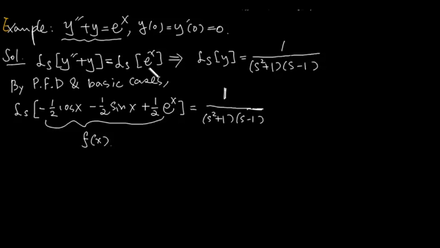And this is one of the basic table entries. And we isolated the Laplace transform like this, and the right hand side is simply a function of s. Now using partial fraction decomposition, we realized that this decomposes nicely, and all of them fall into our basic cases. So we looked at the right hand side here, and realized that we found one function whose Laplace transform is this one in here.